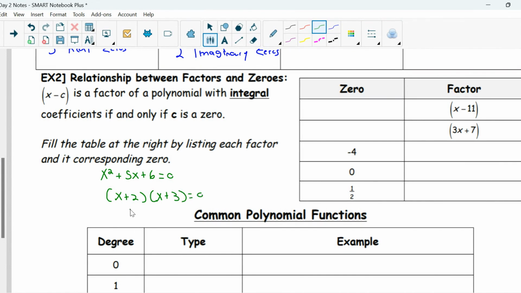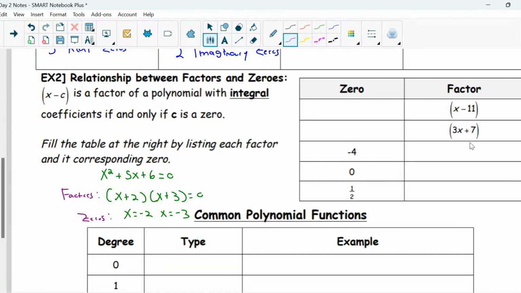Set both of these equal to 0, and you would get x equals negative 2 and x equals negative 3. Okay, this is the process that we already covered. So your factors would be this step right here, and your zeros would be your third and final step.